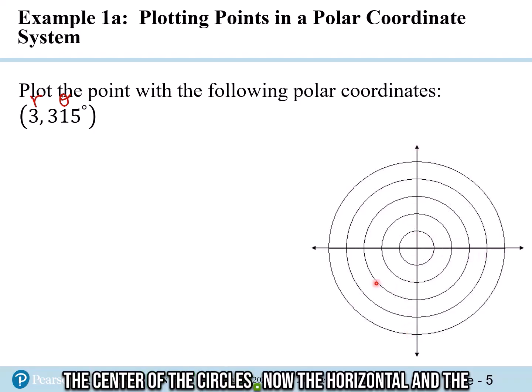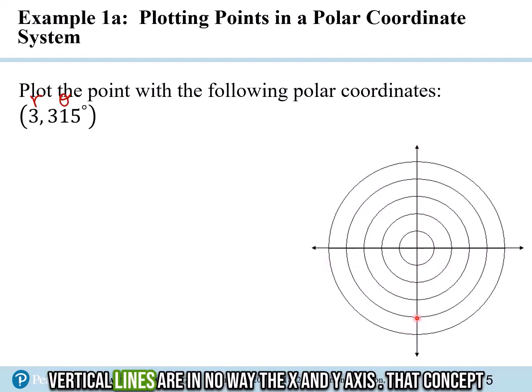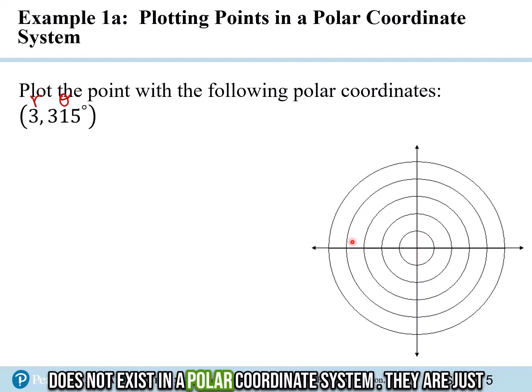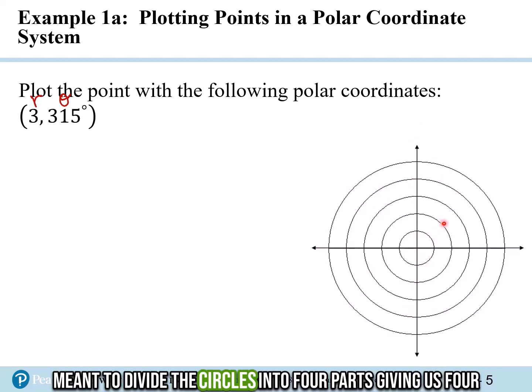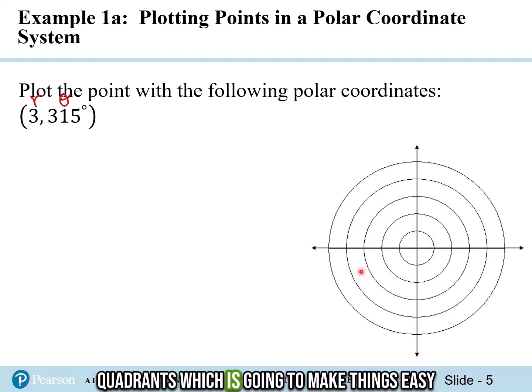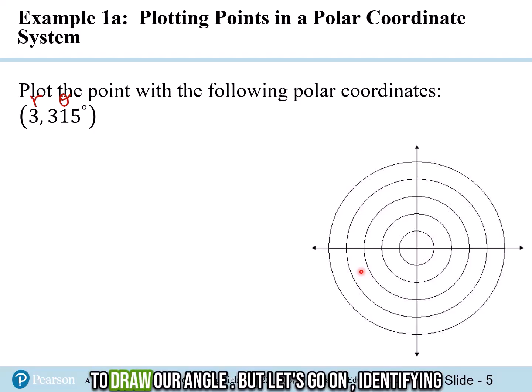of the circles. Now, the horizontal and the vertical lines are in no way the x and y axis. That concept does not exist in a polar coordinate system. They are just meant to divide the circles into 4 parts, giving us 4 quadrants, which is going to make things easy to draw our angle.